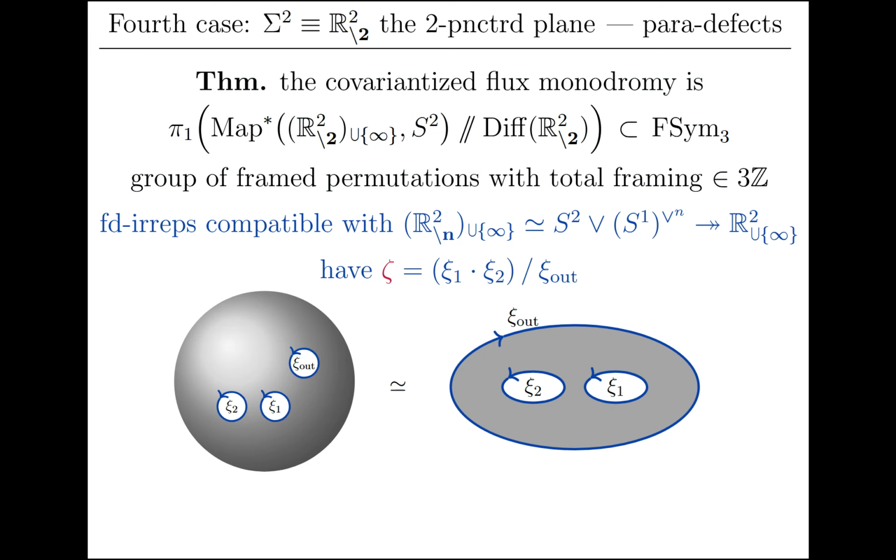So, okay, here's the picture finally. I should have maybe shown this earlier. So R2 without 2 points looks like this. It looks like we are on our disk material and we've removed 2 regions. And remember what we're doing here is we're adding this point at infinity and looking at pointed maps. So the point at infinity identifies everything that is at infinity, which for us now is all the edges here, because we've just removed the points.